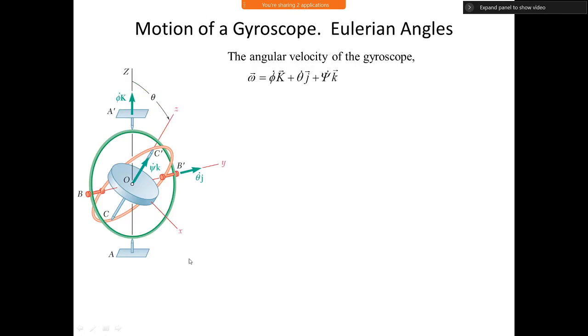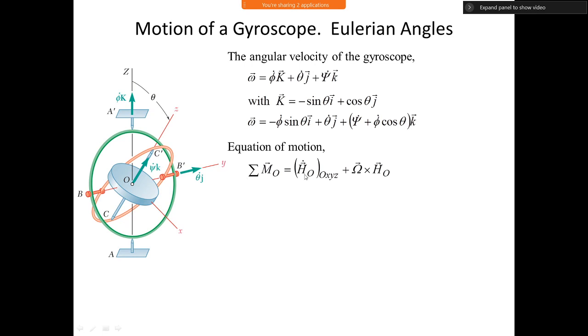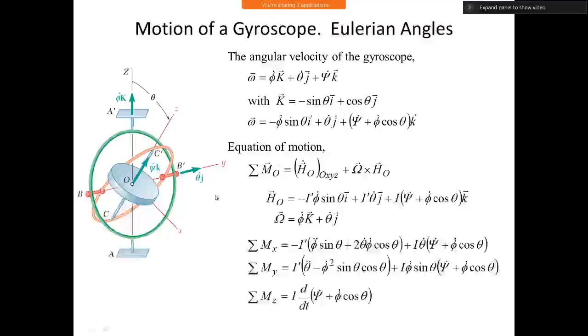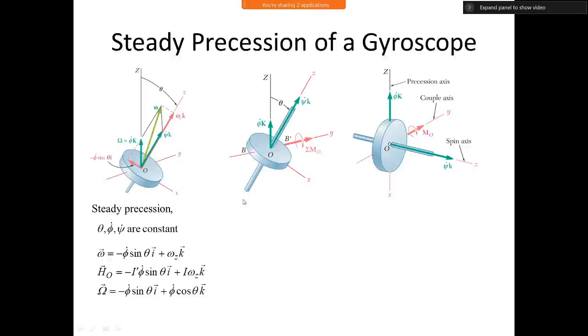So now we can express the angular velocity of the gyroscope. Again, I'll not go into more details, it's already 9 o'clock. But by the theory and concepts that we have seen, we can write the angular velocities and then the equations of motion of this gyroscope. Now this we will write about a rotating small xyz axis, and I'll skip all these things.